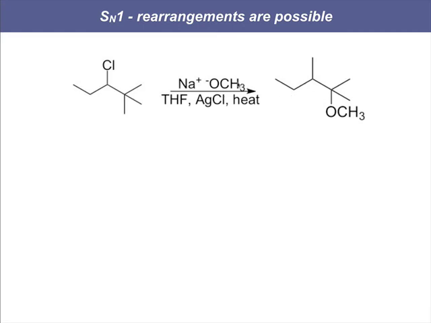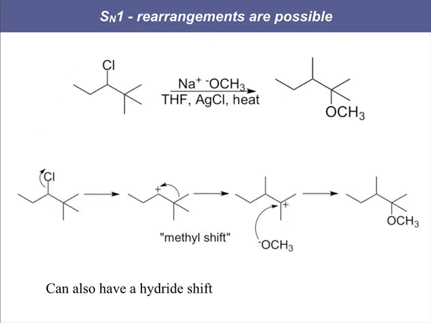In fact, not only has the nucleophile gone on to the wrong carbon, but we've moved a methyl group. We have 3 methyl groups on this carbon here in the reactant. One of those methyl groups has migrated over to the first carbon that had the chlorine on it. This is called a rearrangement, and it is possible with SN1 mechanisms. Here's how it happens. Since it's an SN1 mechanism, the first step would involve the leaving group leaving.